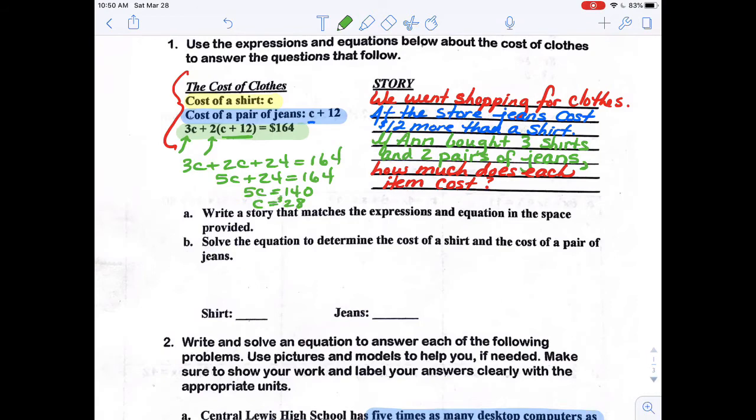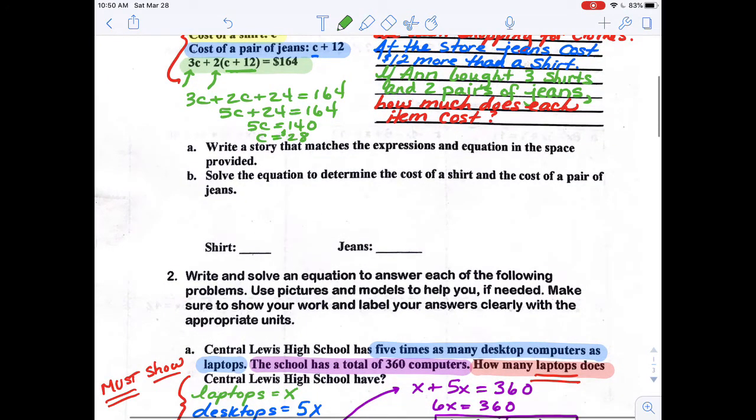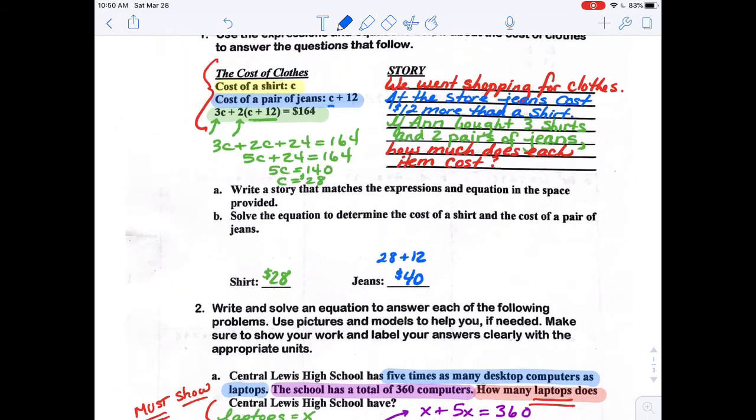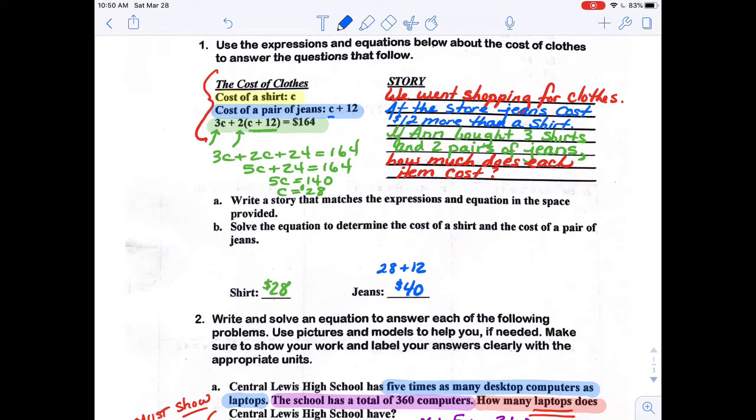And I now found that my shirt was $28. And now that I know my shirt is $28, my jeans is the shirt plus 12 to give me that $40.